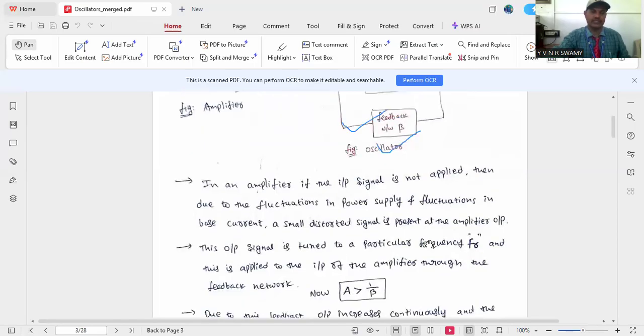In an amplifier, if the input signal is not applied, then due to the fluctuations in the power supply and fluctuations in the base current, a small distorted signal is present at the amplifier output. This output signal is tuned to a particular frequency, that is the resonant frequency, and is applied to the input of the amplifier through the feedback network.